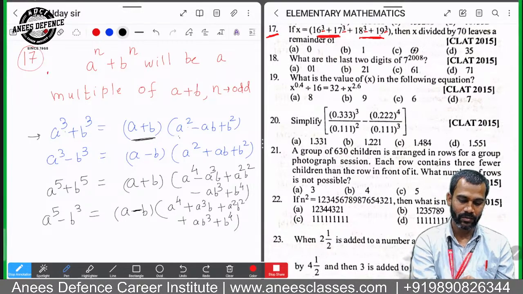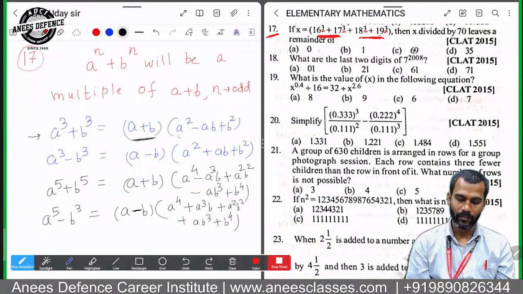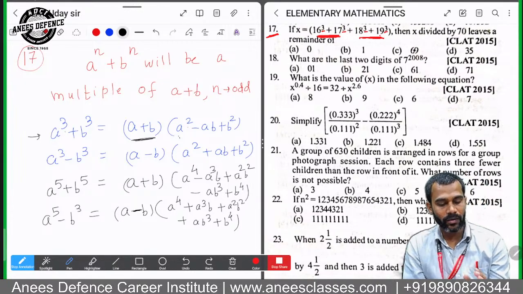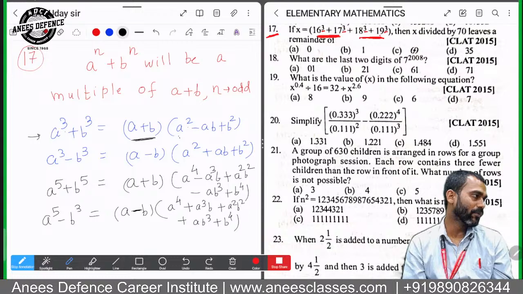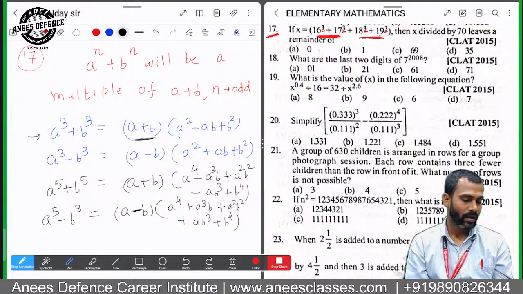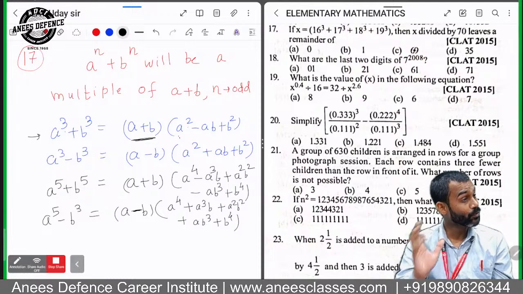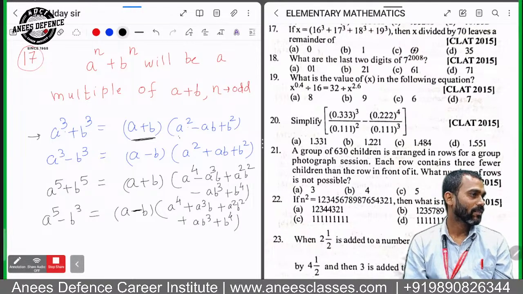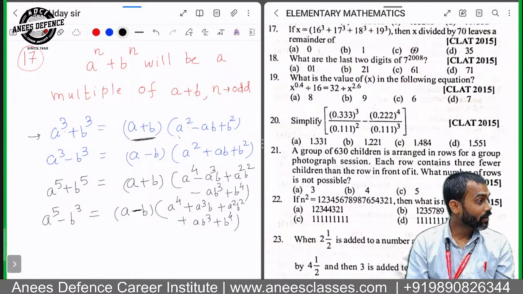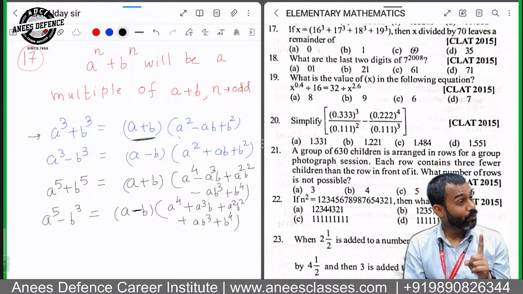Please write down this. So answer for this question would be, if n is even, for that you have to have a minus sign in between a raised to n and b raised to n. Same thing will apply. For that a minus b and a plus b both will be the factor. Because a square minus b square is what? A plus b, a minus b.